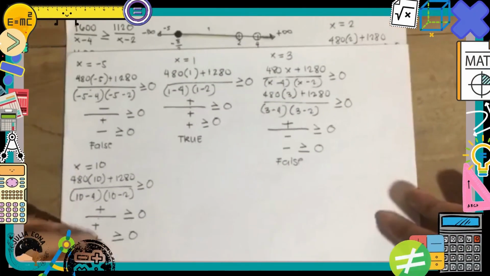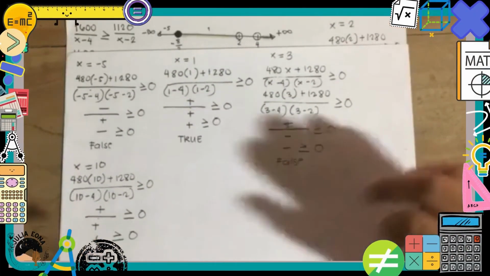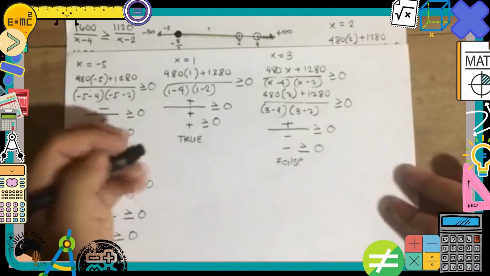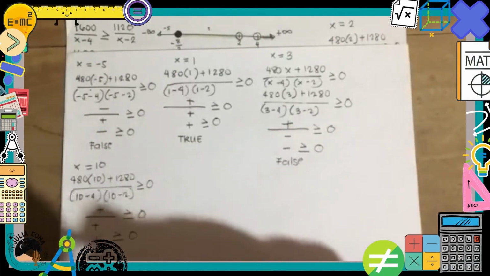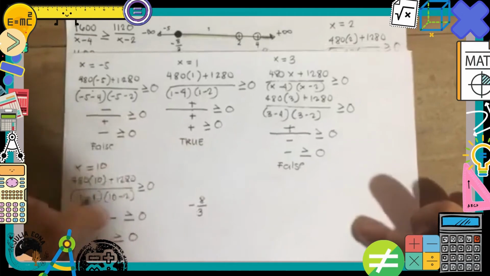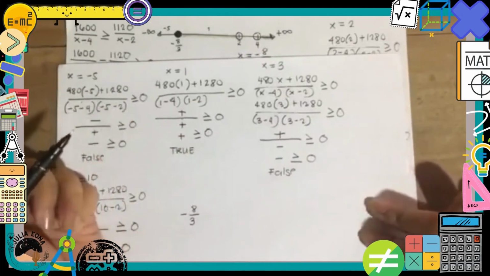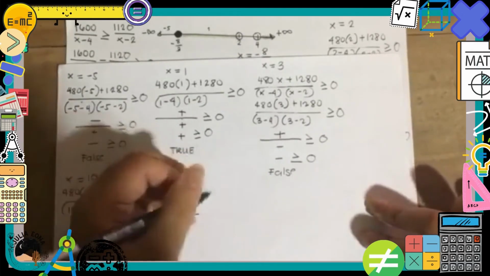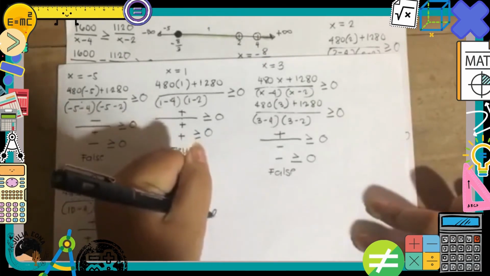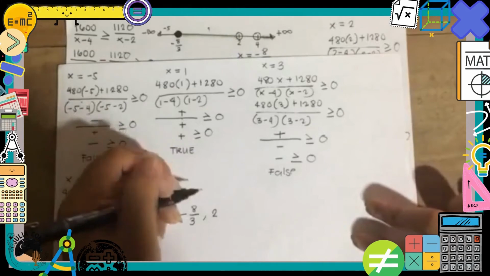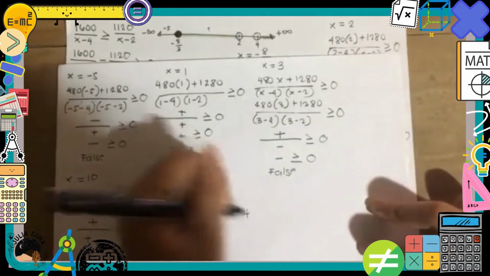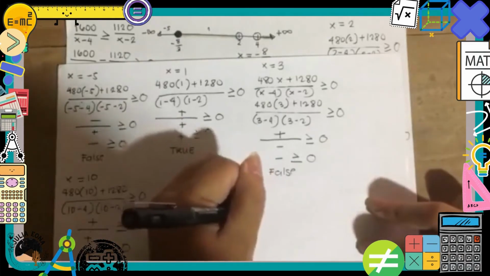Now, let us write our answer in interval notation. First, let us write our values first. So we're going to have negative 8 over 3 to positive 2, and then we have positive 4 to positive infinity.